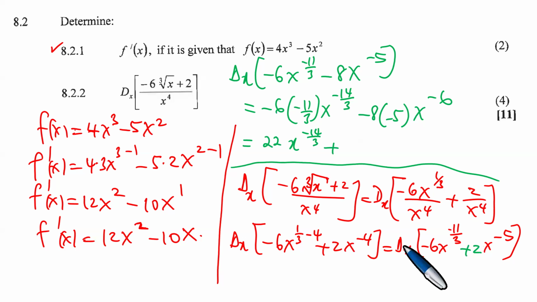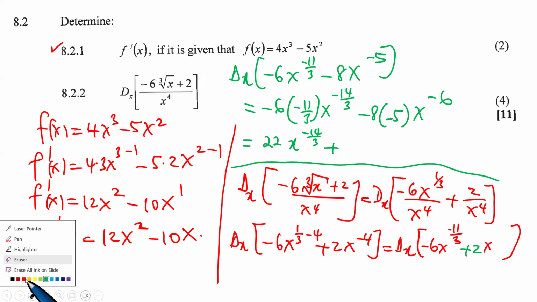Yeah, this is from question 2 here, and then it's also going to be a 2 here. This one here is going to be 2x to the power minus 4. So it's just a mix-up that happened here.